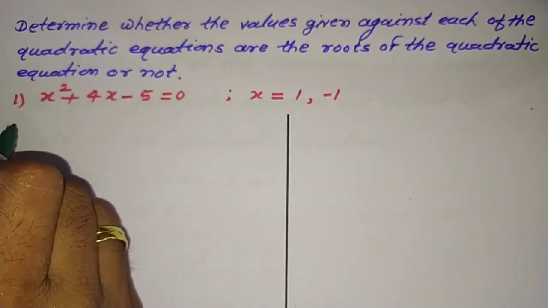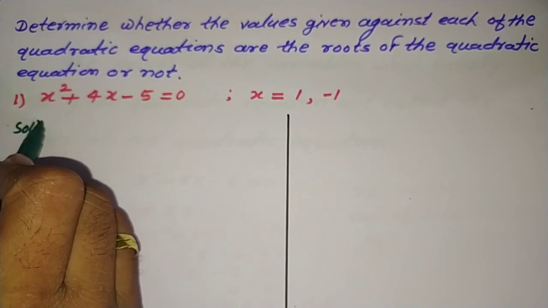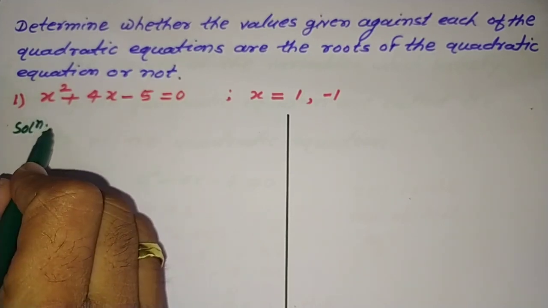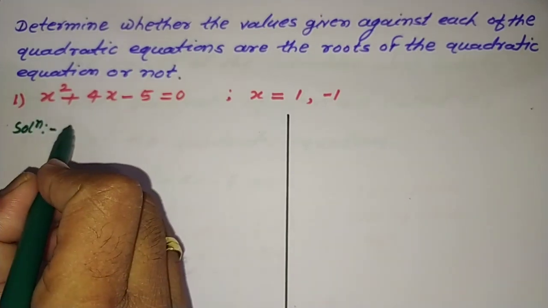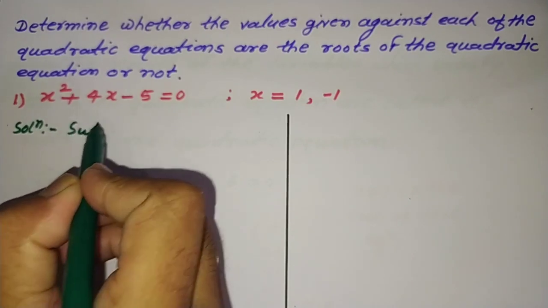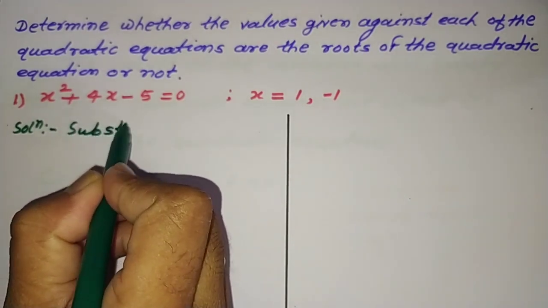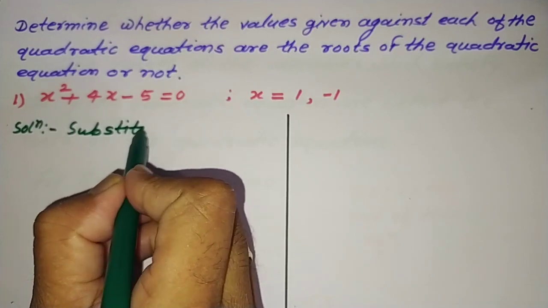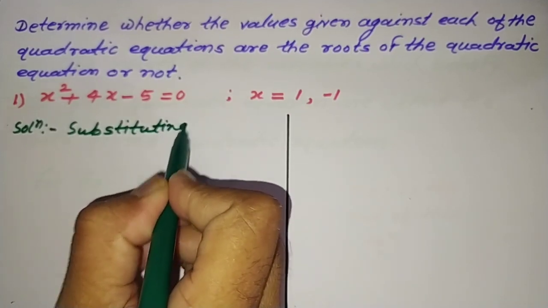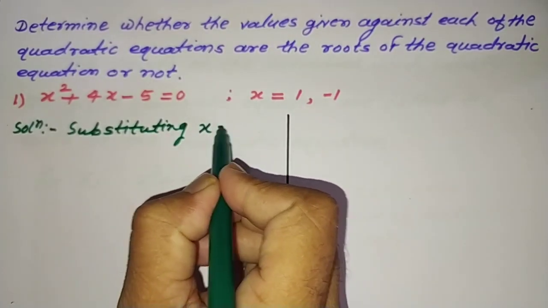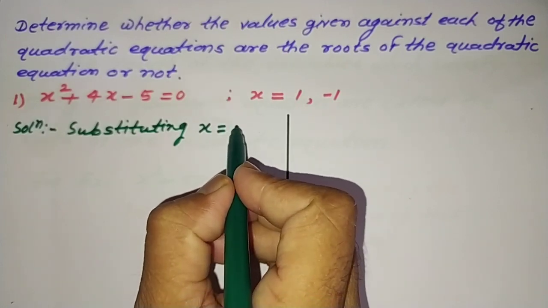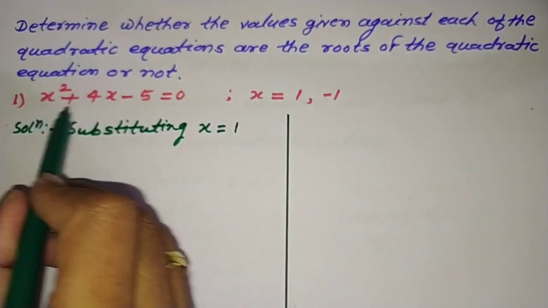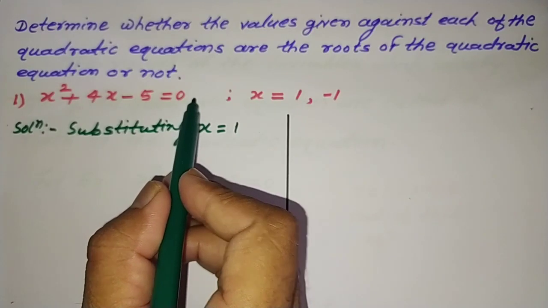Solution: first, substituting x is equal to 1. This is the left hand side and this is the right hand side.